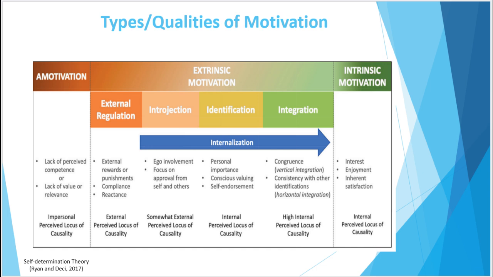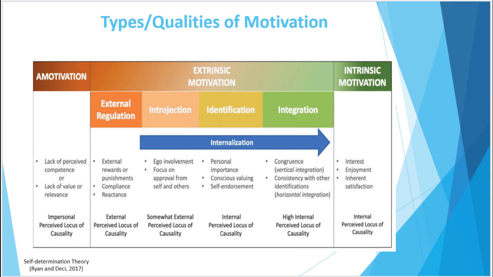As you go higher than amotivation, you go to external regulation. That is when you're doing it because you're being pressured, or because you don't want to feel bad, but at least there is some entity pushing you to do it, and you believe in that.